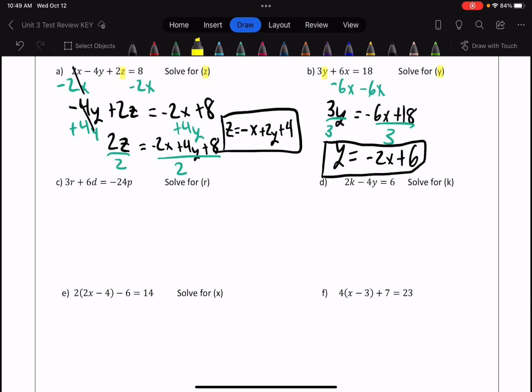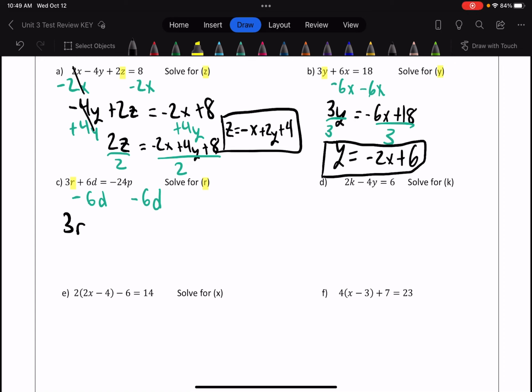For C, I need to isolate my r term. So I've got 3r plus 6d is equal to negative 24p. These are all variable terms, but they're different variables, so I can't combine any of them together. So on my left-hand side, I'm going to subtract a 6d to isolate that 3r term, which means I'm also going to subtract a 6d on the right-hand side.